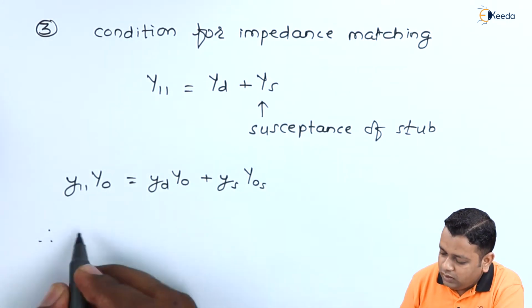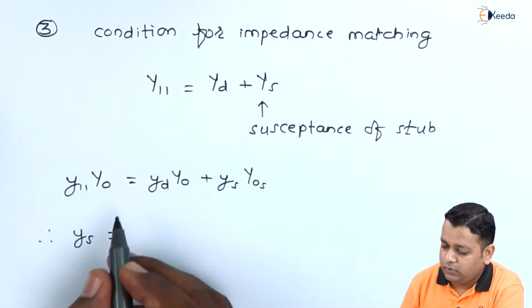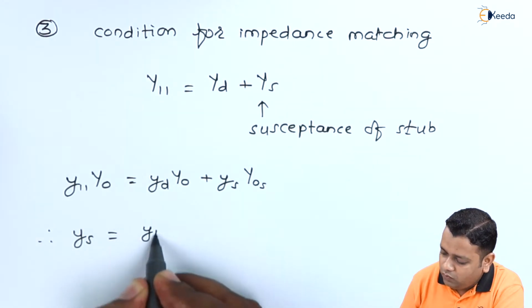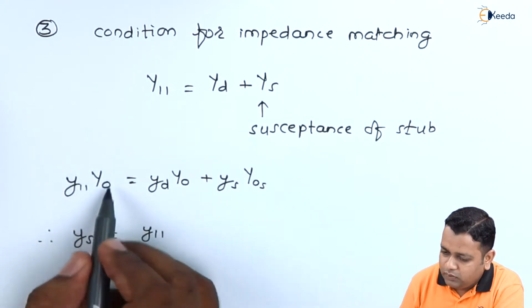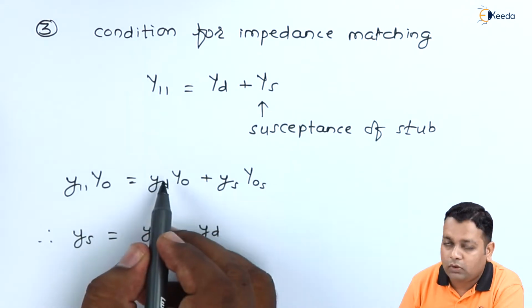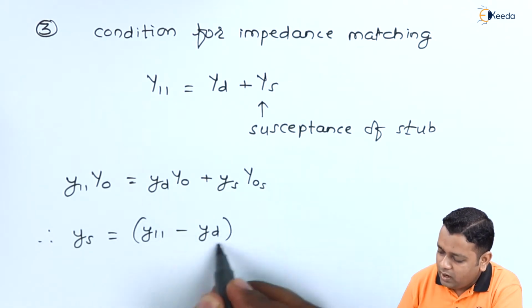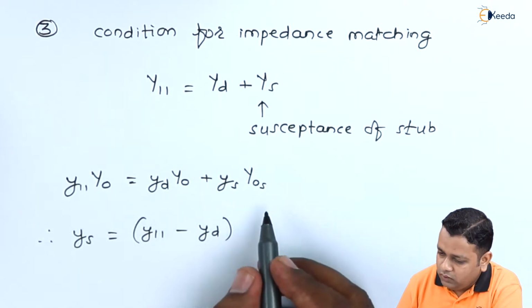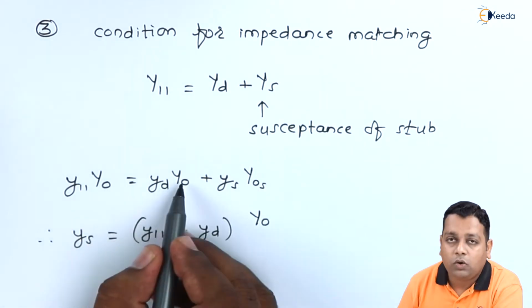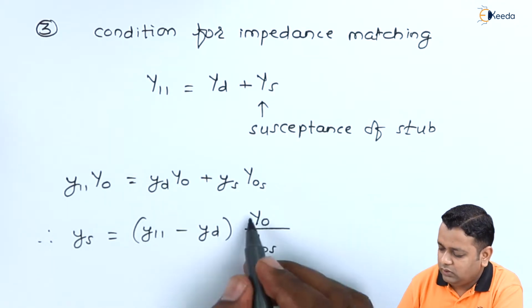Now when we are required to form y suffix s from the above equation, we get the form of the equation as y suffix 11 from the left hand side minus y suffix d from the first term of the RHS that we need to get shifted to the another side here, and this is in multiplication to capital Y suffix 0 that can be taken as a common from them, and it is divided by capital Y suffix 0s.